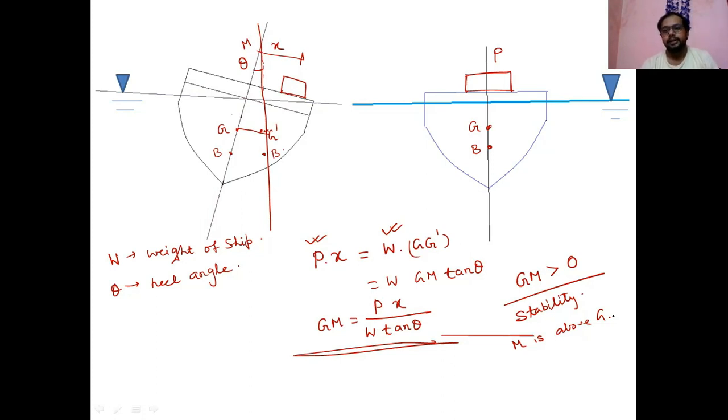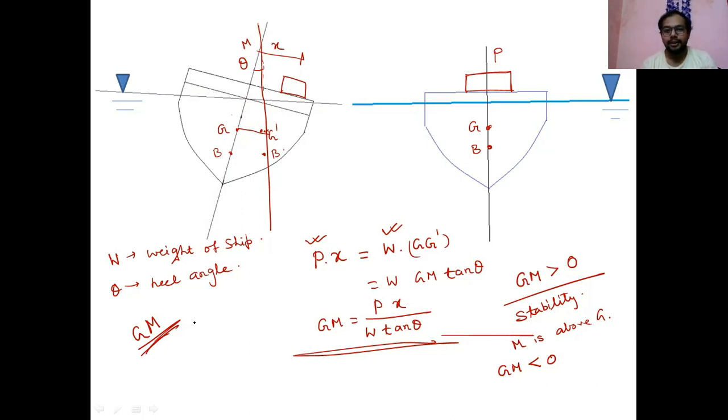Next we'll see some problems. After that, we'll do some problems regarding this also. But another thing is GM: if it is less than 0, that means M is below G, so instability. So here we conclude that the metacentric height GM should be as high as possible for the sake of stability.